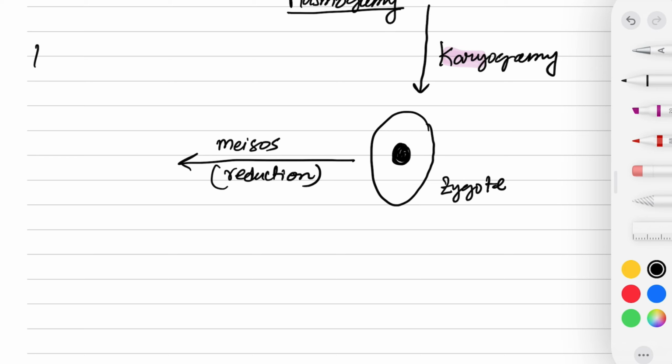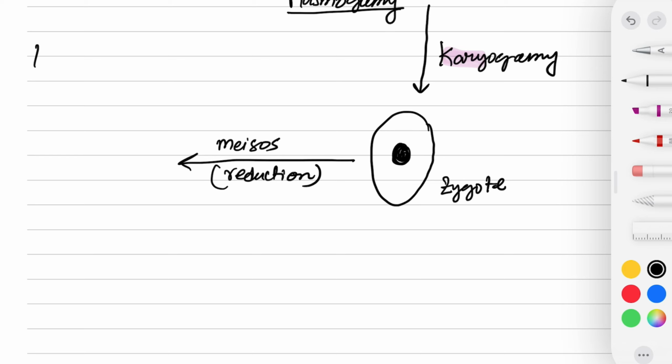Now, when a fungus reproduces sexually, two haploid hyphae of compatible mating types come together and fuse. What do you mean by this line?